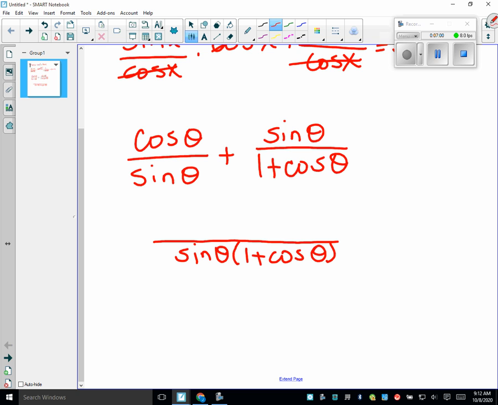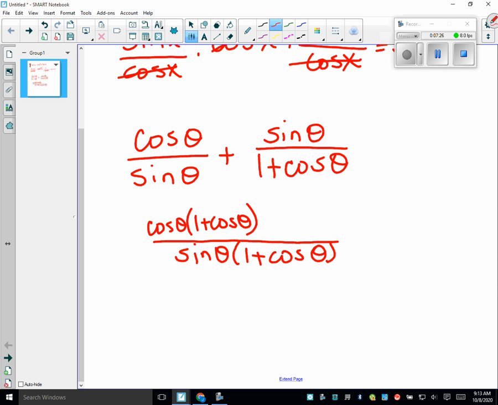Now, we practiced common denominators yesterday. What does this numerator right here become? Cosine times 1 plus cosine? Okay. So I have cosine theta times 1 plus cosine theta.